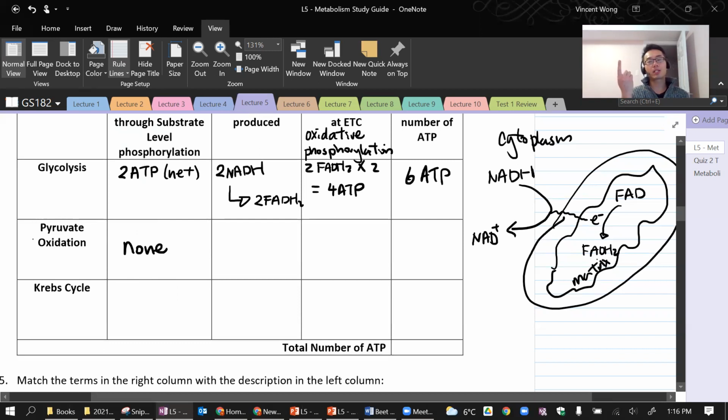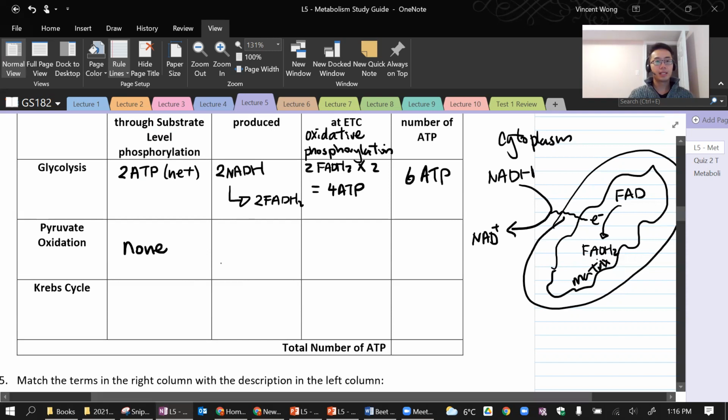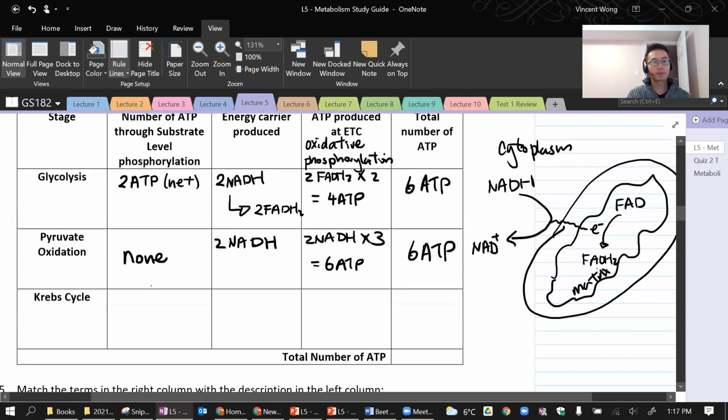You rip the carbon dioxide from it, you take some electrons from it, and then you add the coenzyme A. Because we're ripping electrons from it, we will produce 2 NADH. Now, these NADH will already be in the matrix, so no need to transfer them. So we have 2 NADH multiplied by 3. That creates 6 ATP. So in total, 6 ATP from pyruvate oxidation.